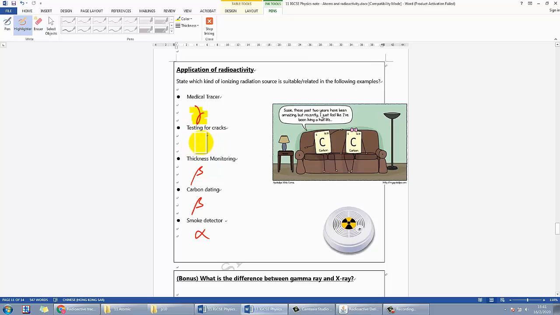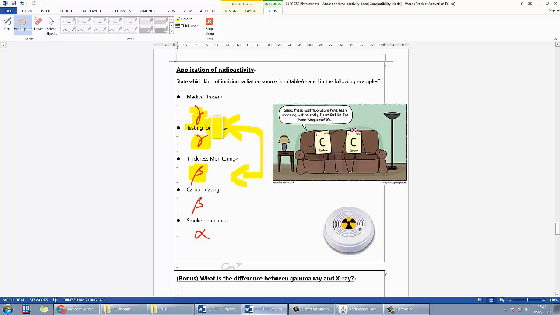Next is to test for cracks and also monitoring the thickness. In fact, I will say these two are very similar, but you can see they use different kinds of radiation, and that depends on how thick the material is, how long the distance is that you are trying to measure.